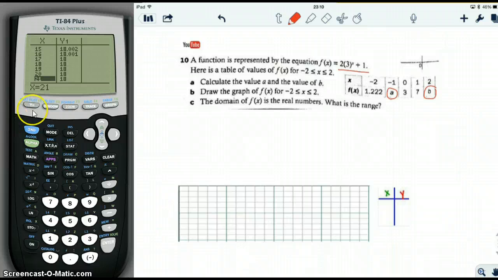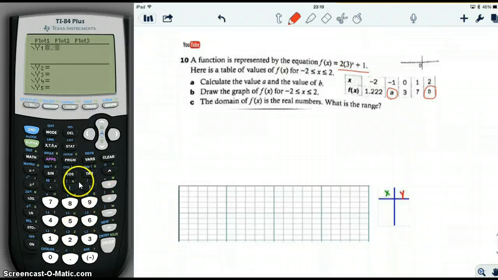So, as we always do, first thing we want to do is type it in the calculator. Why not? This is going to give us pretty much every point on it. Plus 1. Okay. Second table.